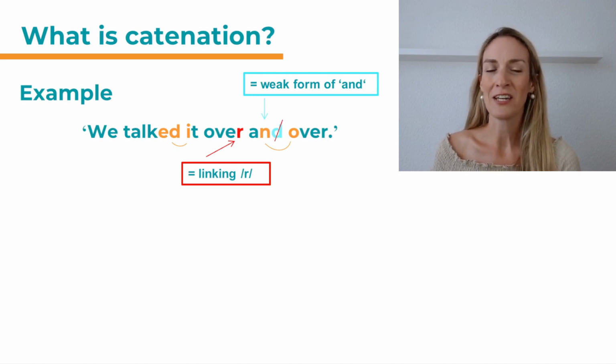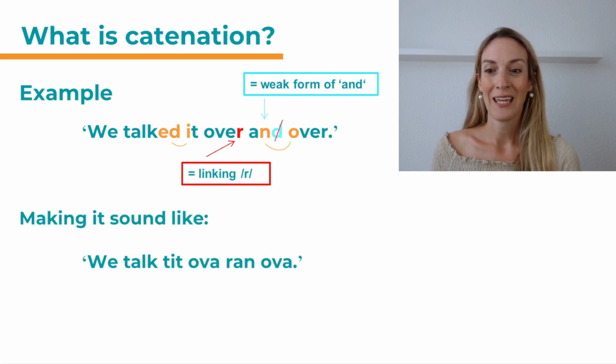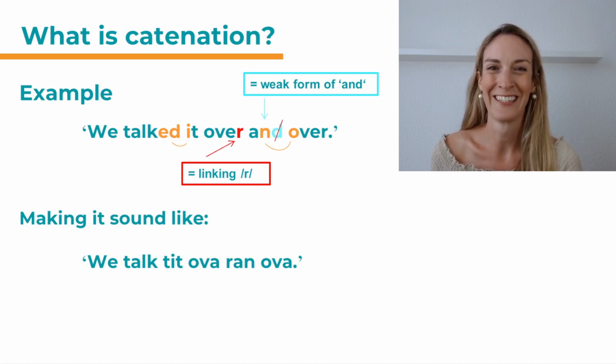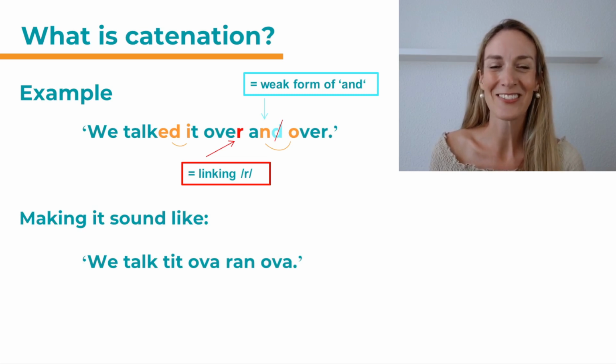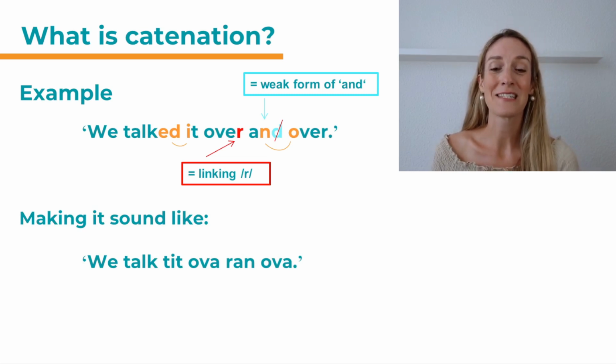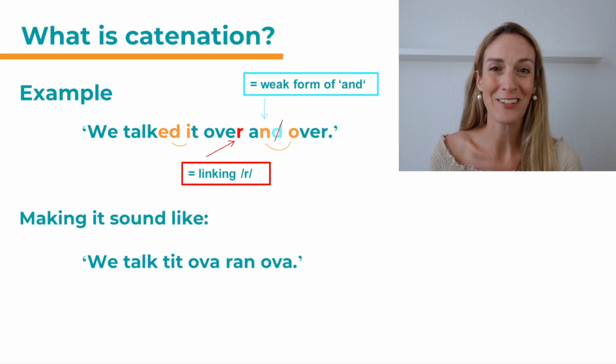So very different compared to saying the words on their own individually. So this sentence really sounds like "we talked it over and over." Very different. Again, I tried to write it down as if it was spelled this way, showing all these features of connected speech.